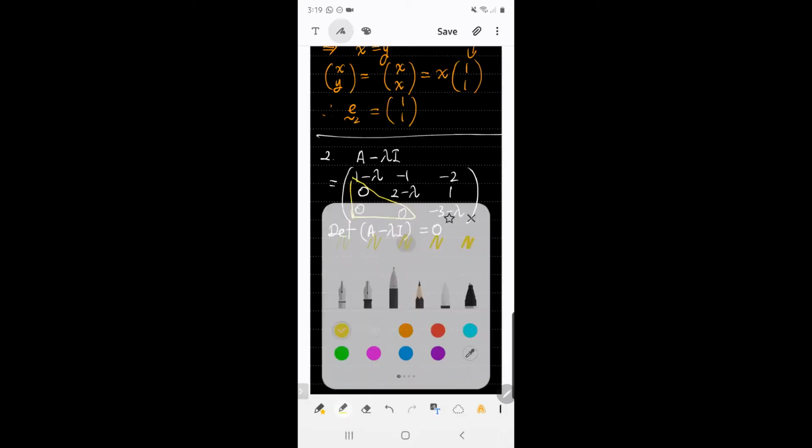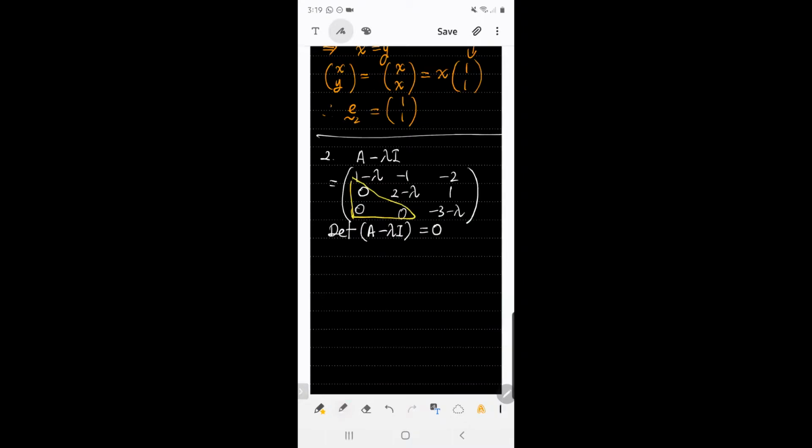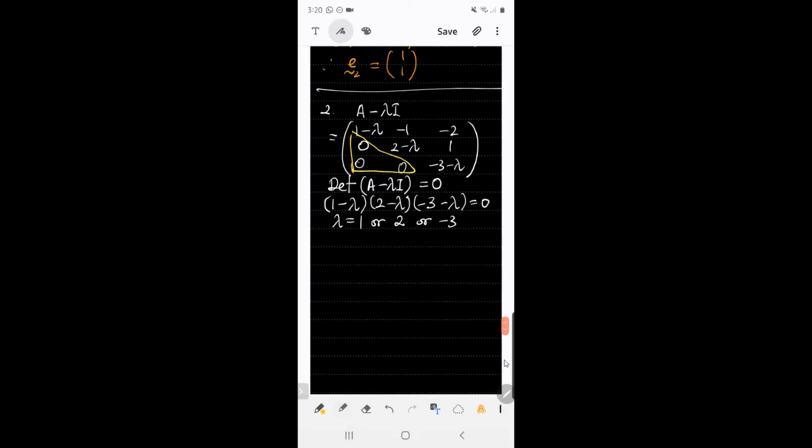And if this is a triangular matrix, the determinant can be found easily by looking at the product of the diagonal elements, which means you have (1 minus lambda)(2 minus lambda)(minus 3 minus lambda) equals to 0. Okay, so solving this equation, you will get lambda equals to 1 or 2 or negative 3. It's quite obvious lah. So you have 3 eigenvalues, and therefore you have 3 eigenvectors.